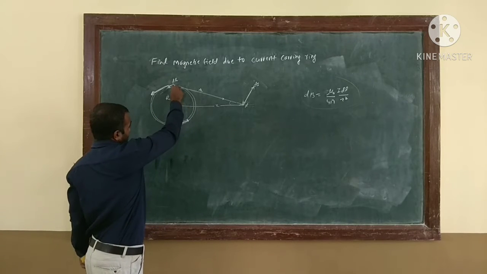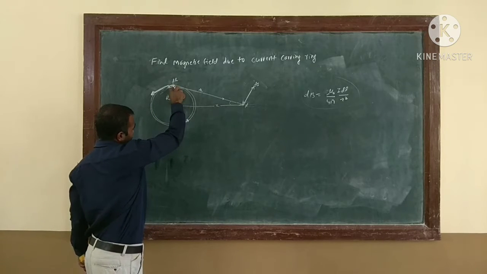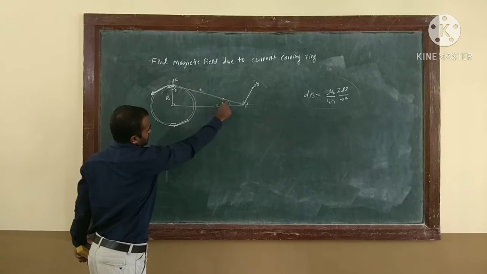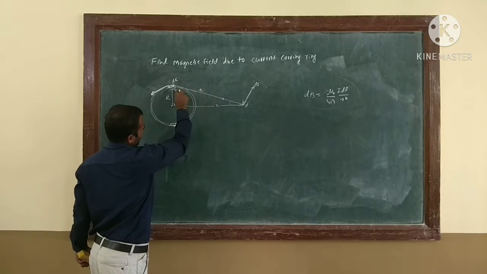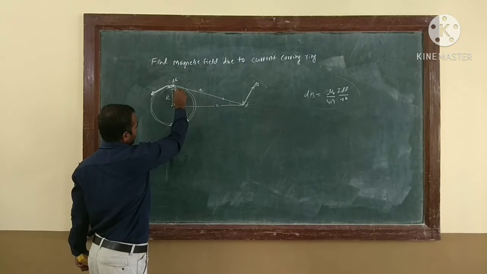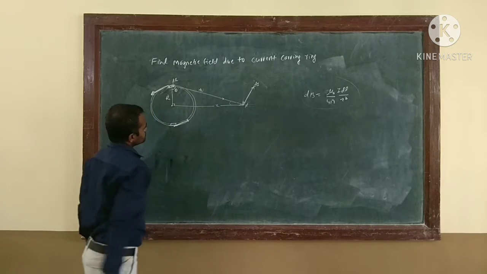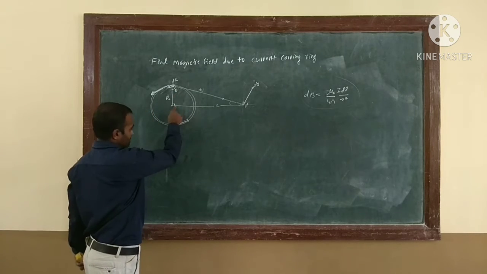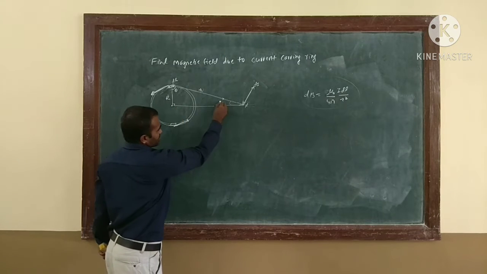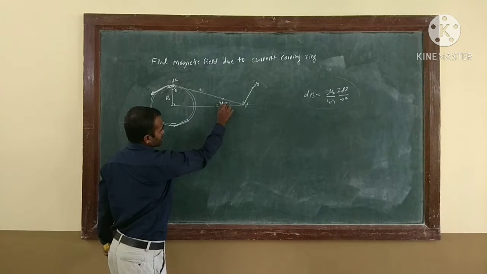Say the angle between this perpendicular radius and this line is theta, and this distance is x. If this angle is theta, here is 90, as you know very well, so here the angle will become 90 minus theta.